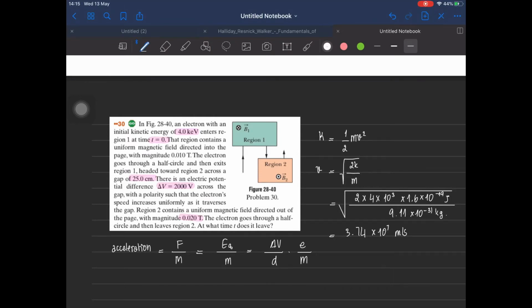There's also another equation that you need to use as well, the distance equation, s equals vt plus 1 over 2 at squared.